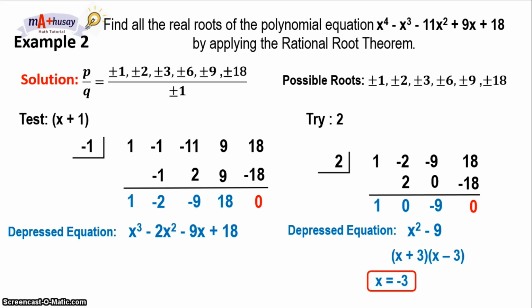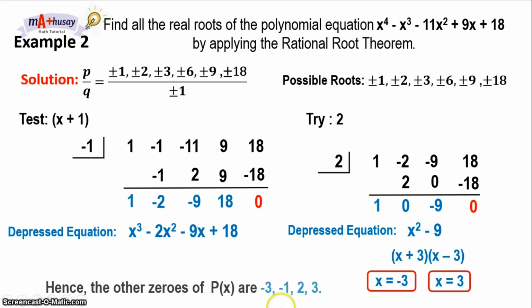We have x is equal to negative 3 and x is equal to 3. Now, this time, we were able to solve and find the real roots of the polynomial equation x to the 4th power minus x cubed minus 11x squared plus 9x plus 18. And the roots are negative 3, negative 1, positive 2, and positive 3.